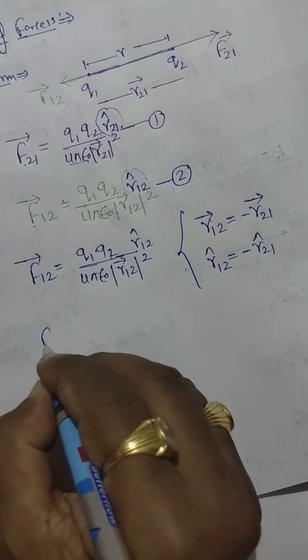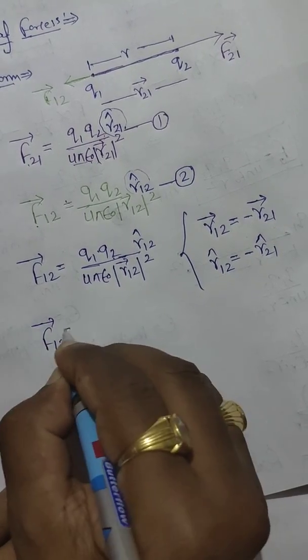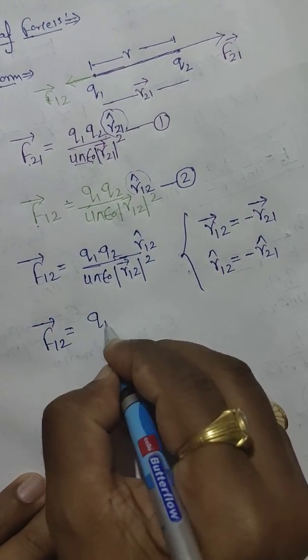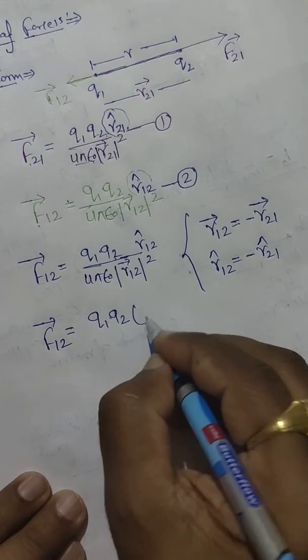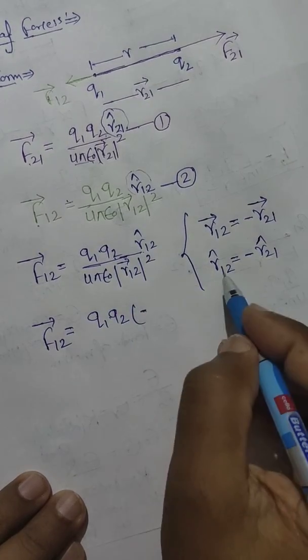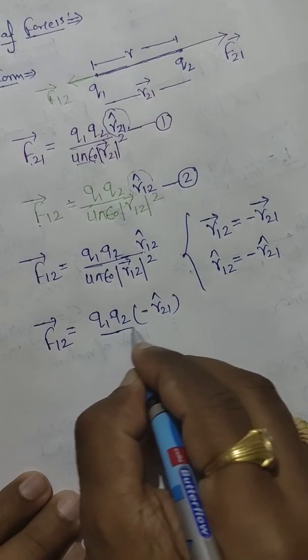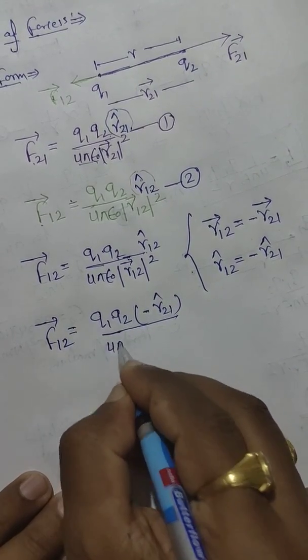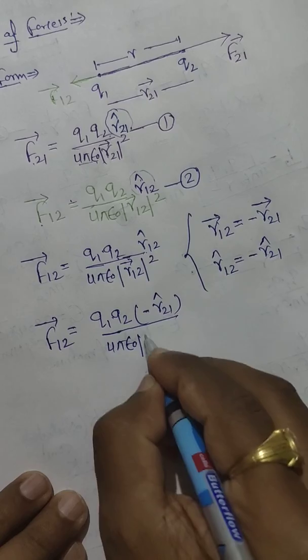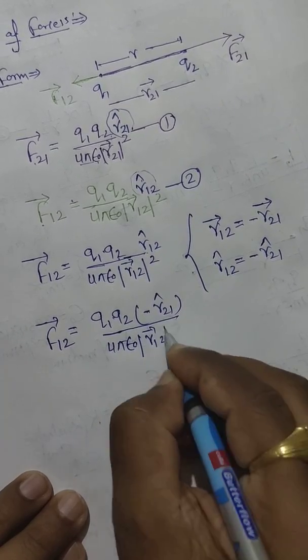So we can write F12 vector is equal to Q1 Q2 into minus R21 cap upon 4 pi epsilon naught R12 vector square.